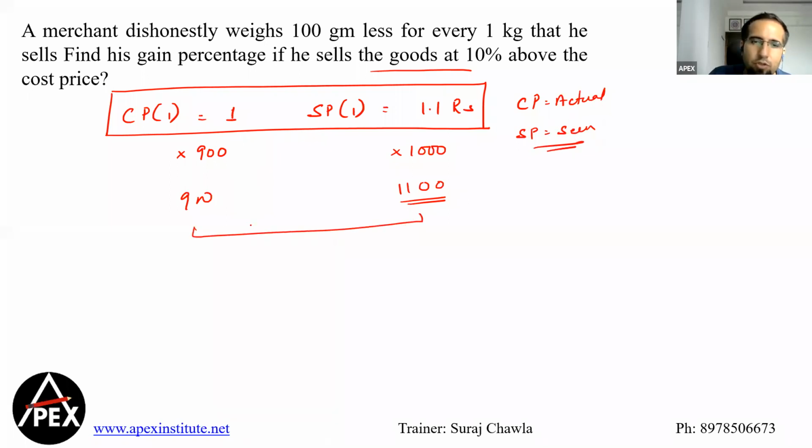So I make a profit of 200 on a cost price of 900 multiplied by 100, that is equal to 22.22%. Clear?